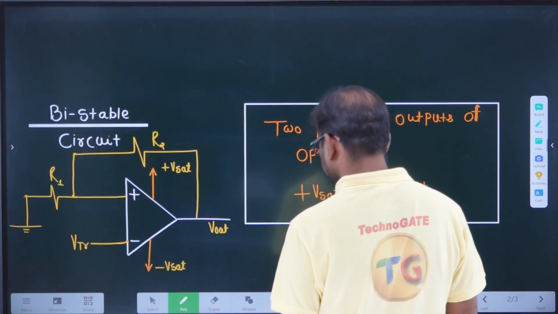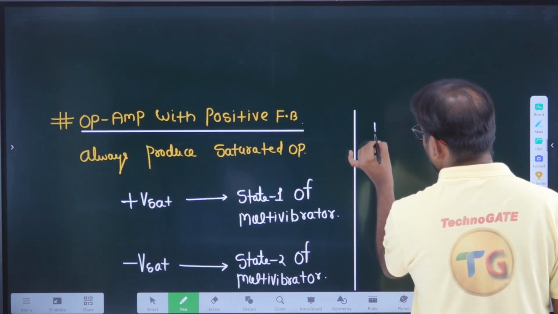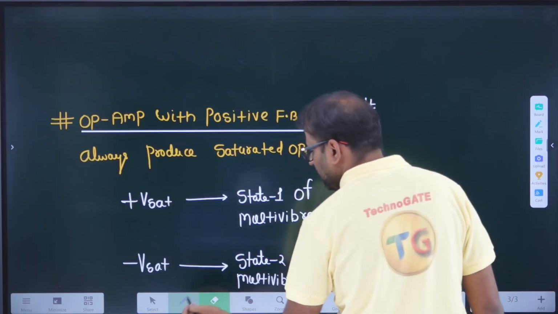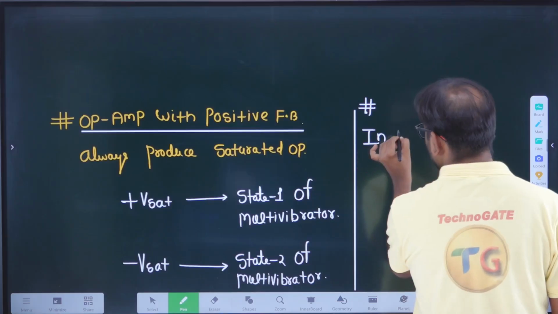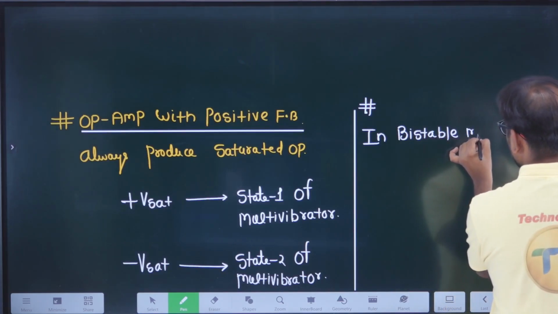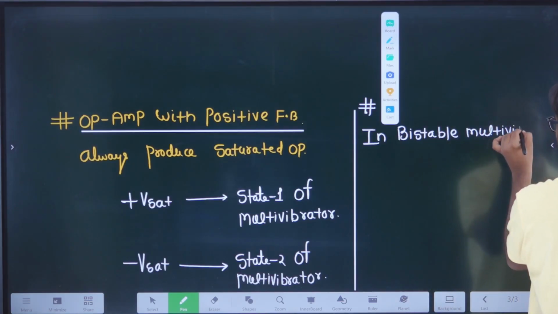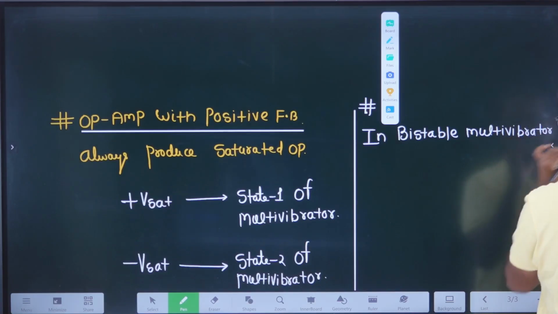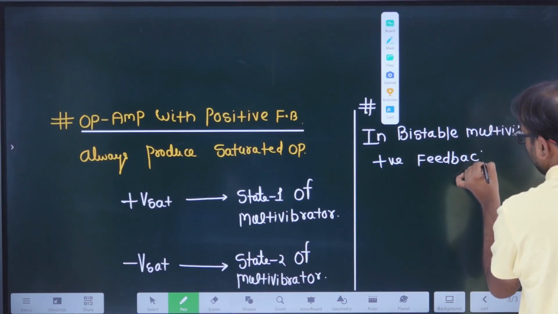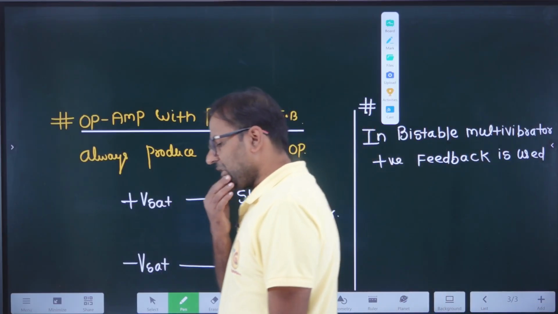So the next point is: in the Schmitt trigger circuit, the bistable multivibrator, positive feedback is used. Which feedback is used? Here the positive feedback is used.